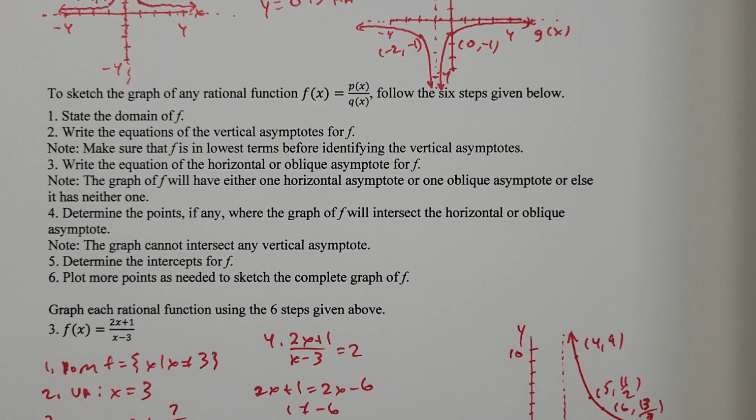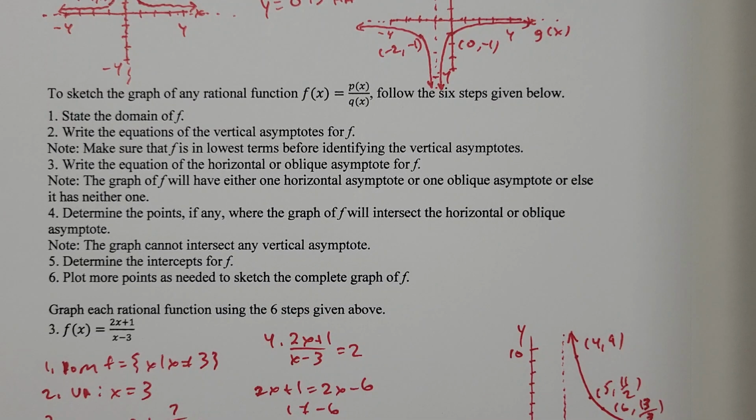Usually your work in these previous 5 steps is very important to get the graph, but it's not going to tell you everything that you want to know about the graph. So usually you're going to need a couple more points on the picture to be able to completely sketch the graph. That's going to be in step 6.